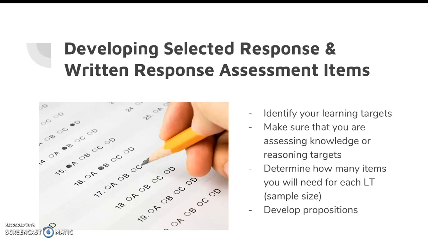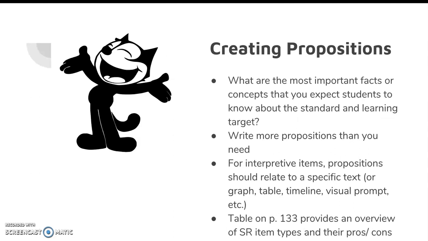And then once you decide how many items you're going to want on your test for each of the learning targets, then you want to develop propositions that are related to those learning targets. And this part of the chapter I think is pretty important because it requires you as the teacher to think about your content and think, okay, what are the most important facts or concepts that I'm expecting the students to know about this learning target, and to state those very clearly.